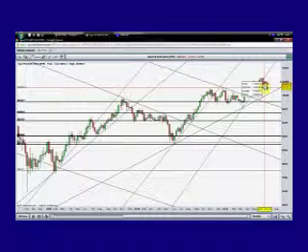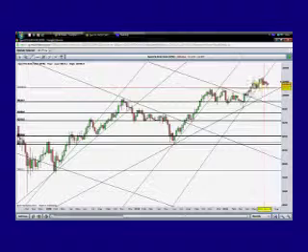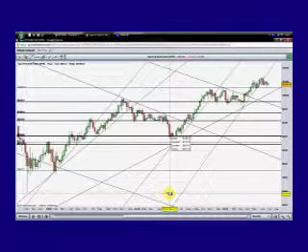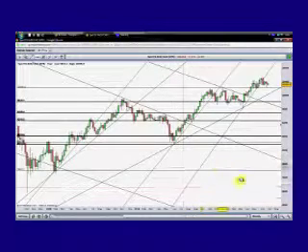Below that is 102.17, which is a critical price level for this Australian dollar Canadian dollar currency pair. And right below that we have 102.11 also, another critical price level. Okay, so this is about a trend line, support and resistance level without using any crazy indicator.